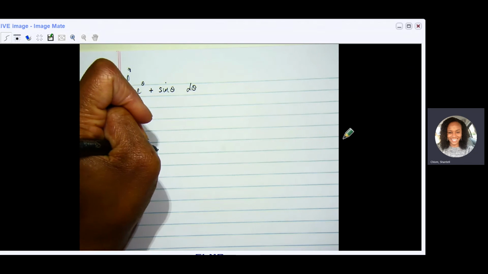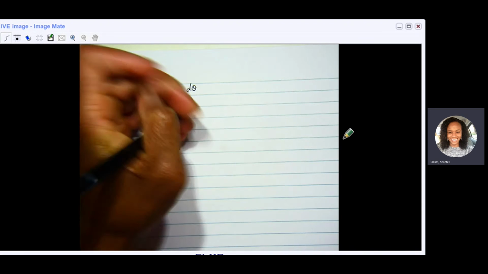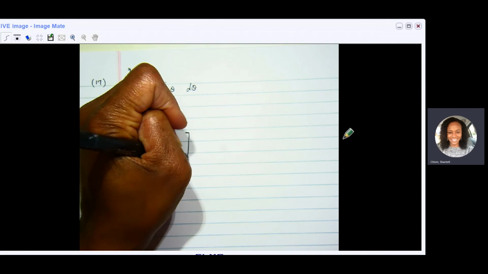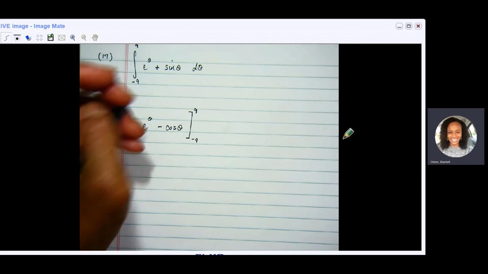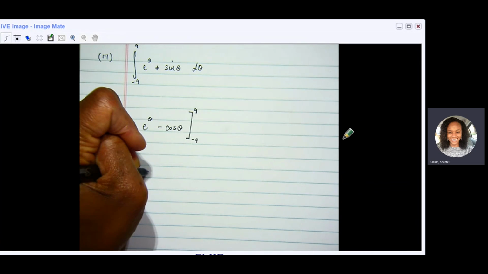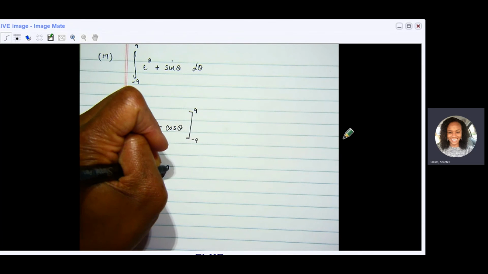So we got e to the theta minus cosine theta, and we're evaluating that from -9 to 9. So e to the 9th minus cosine of 9, and then minus e to the -9th minus cosine of -9.